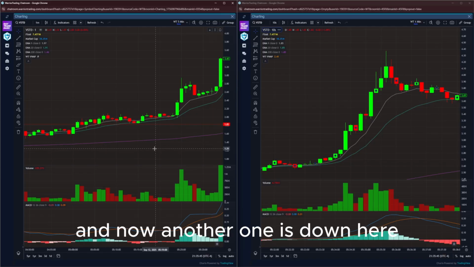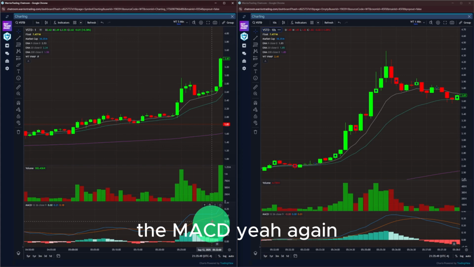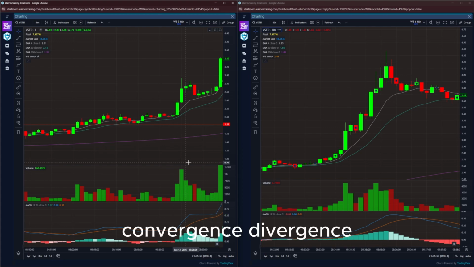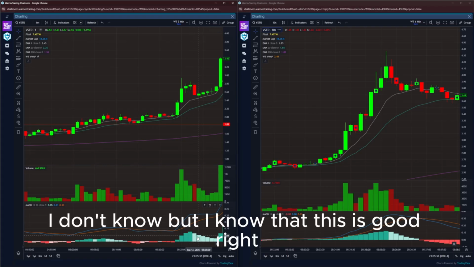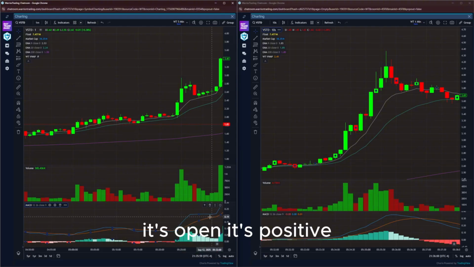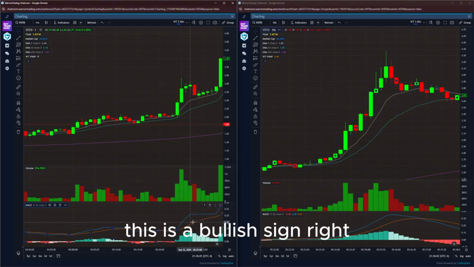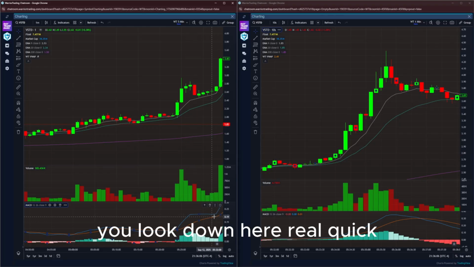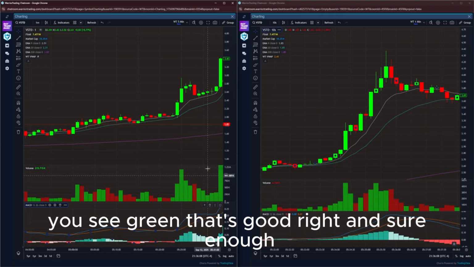And now another one is down here, the MACD. Yeah, again, moving average convergence divergence. I don't know, but I know that this is good, right? It's green, it's open, it's positive. This is a bullish sign, right? And it's just another clue. You look down here real quick, you see green, that's good, right?